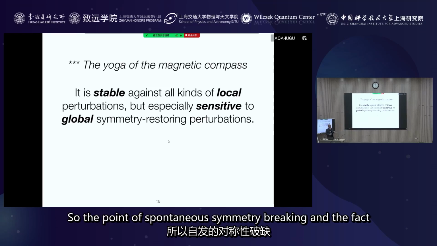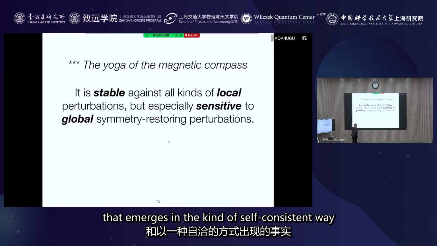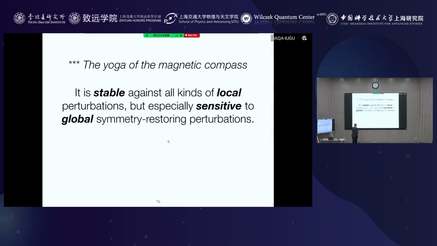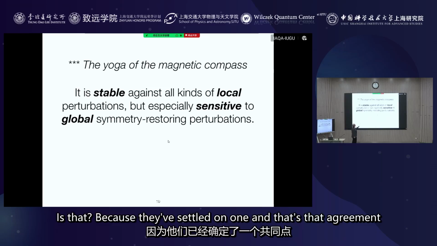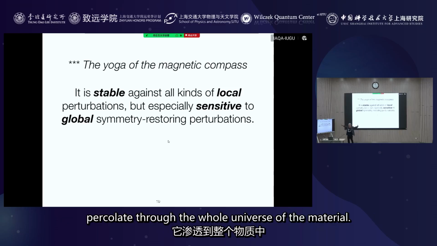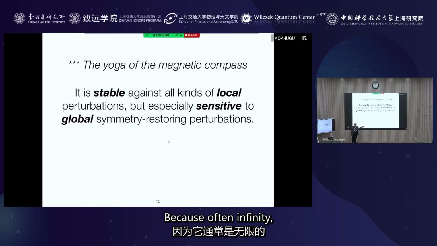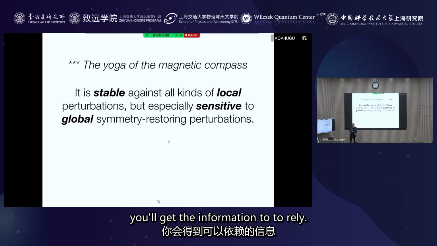So the point of spontaneous symmetry breaking and the fact that it emerges in this self-consistent way, where all the neighbors have to agree to do something in common, even though they could have done something else, they settle on one, is that because they've settled on one, and that agreement percolates through the whole universe of the material, it's stable against all kinds of local perturbations, because off at infinity, you'll get the information to realign.